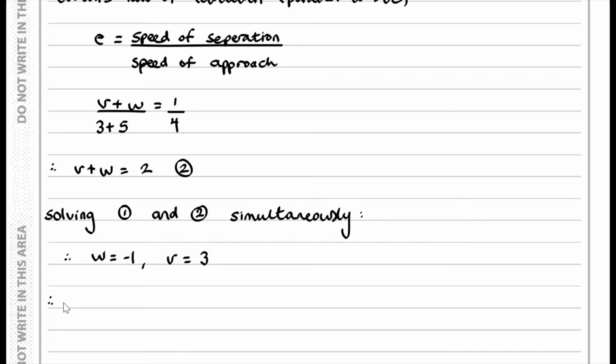And therefore the velocity of A, you'd find this to be 3i plus 3j. And the velocity of B, you'd find this to be -i plus 2j.